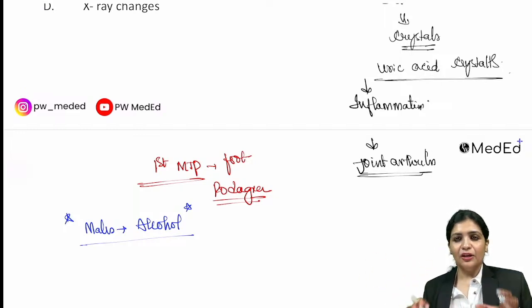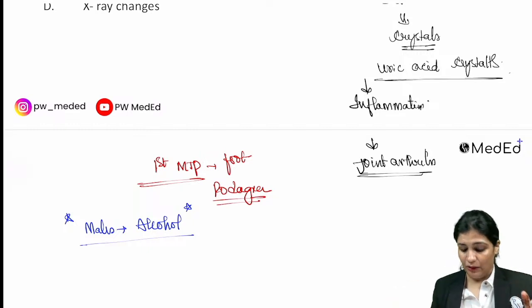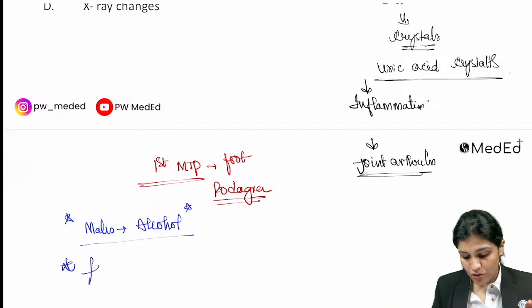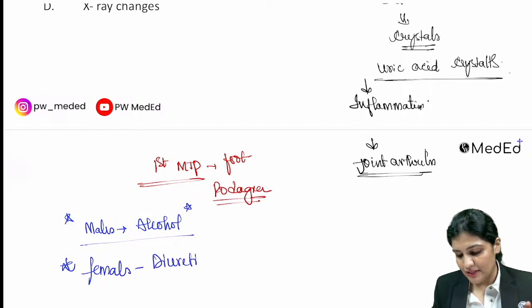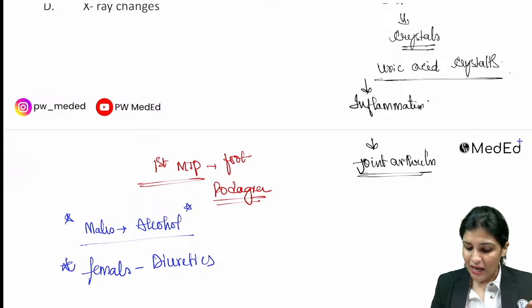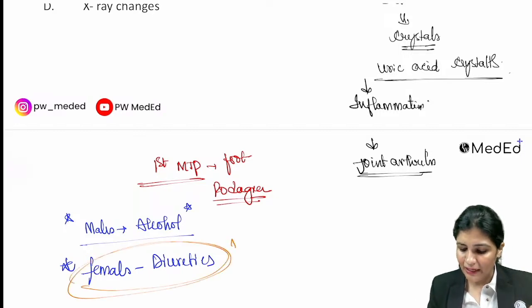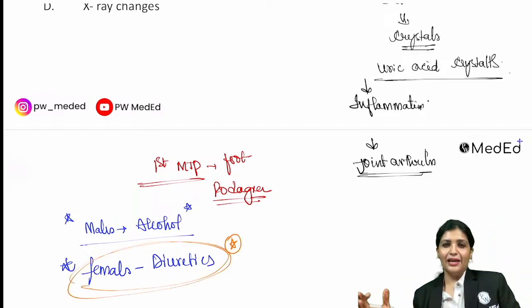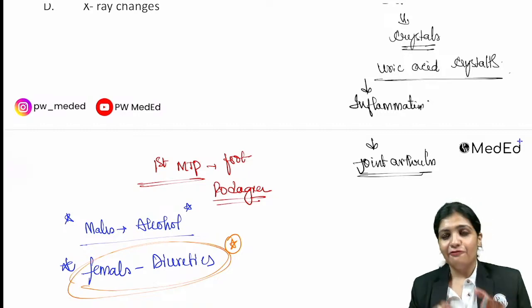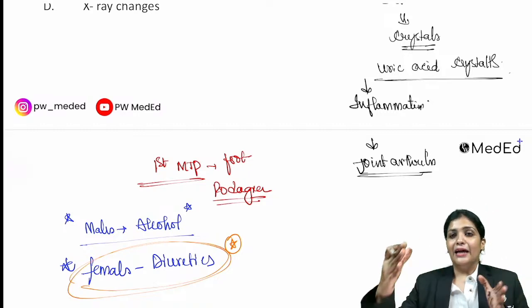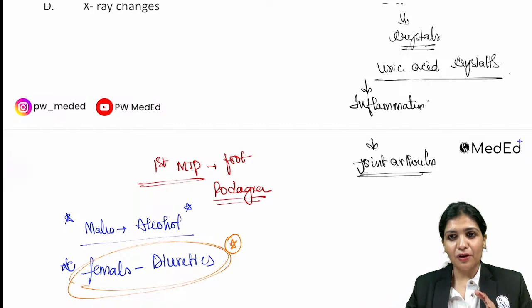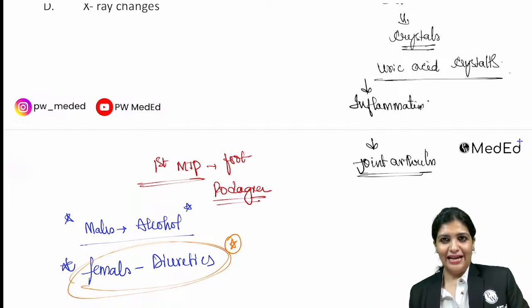So this is about the uric acid crystals, males and alcohol, but sometimes they may also put females on diuretics. This is the important thing which I want my students to remember, because male and alcohol everybody knows, right? Now they may shift to females with diuretics, or females with renal disorder where you can't eliminate the uric acid out of the body.